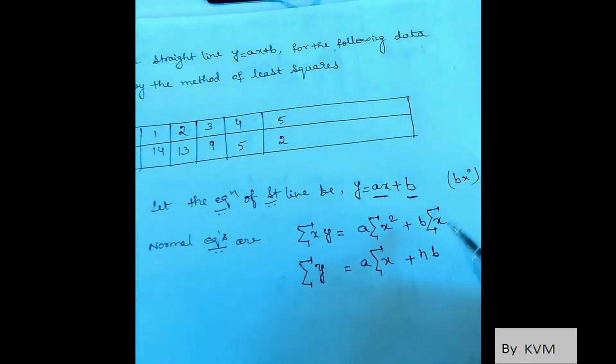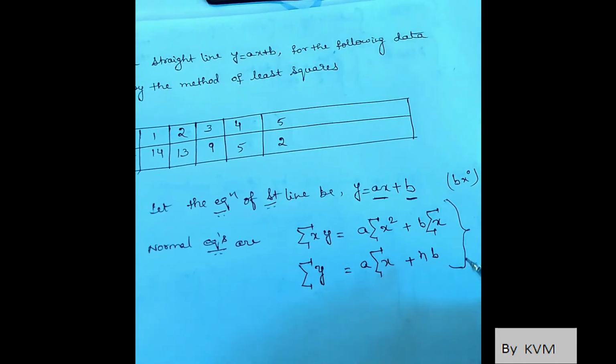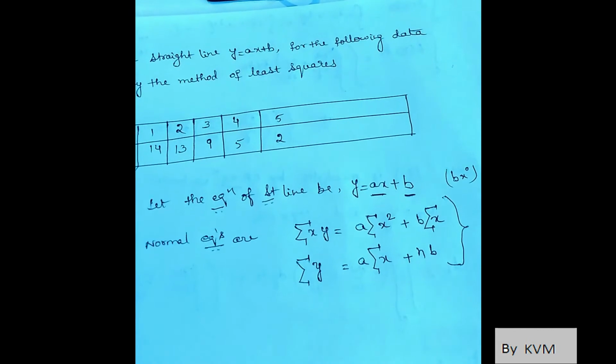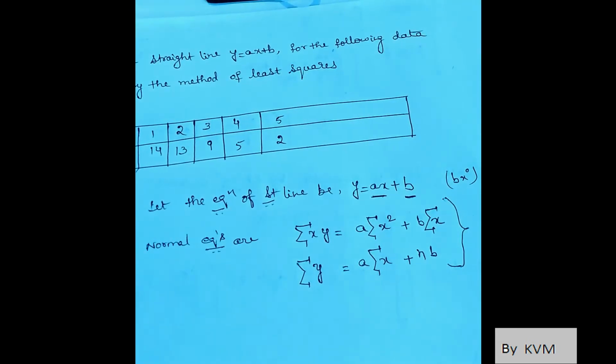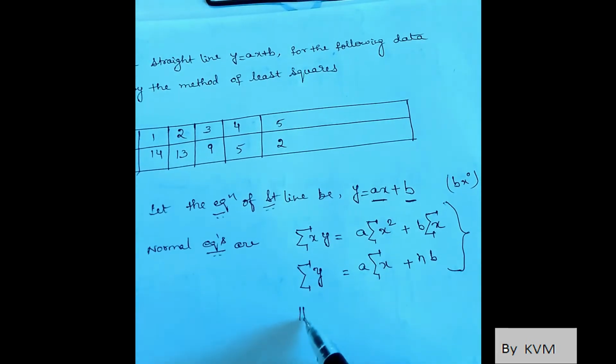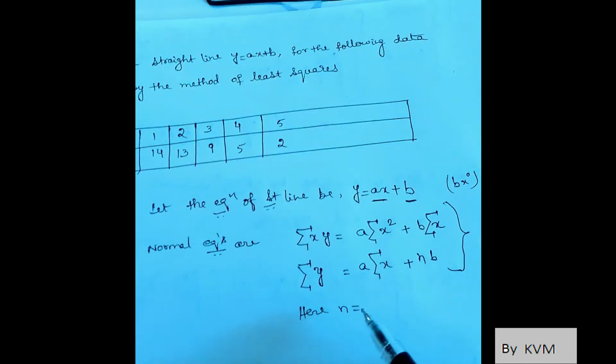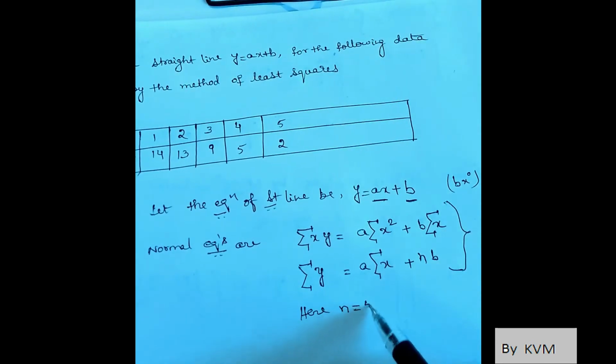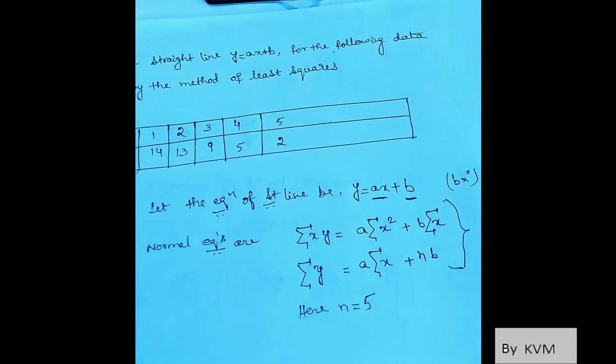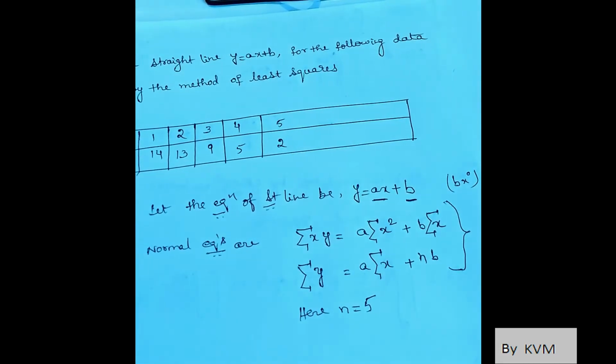So by seeing these two normal equations, we have to construct the table. So here the total number of values given are 5. So n is 5. So now we have to construct the table.